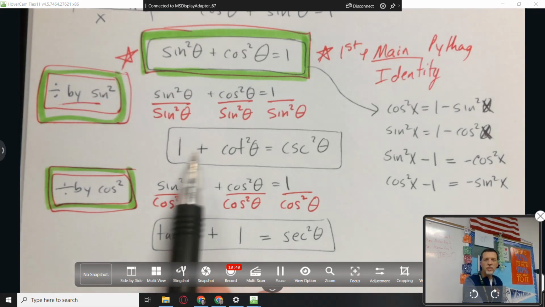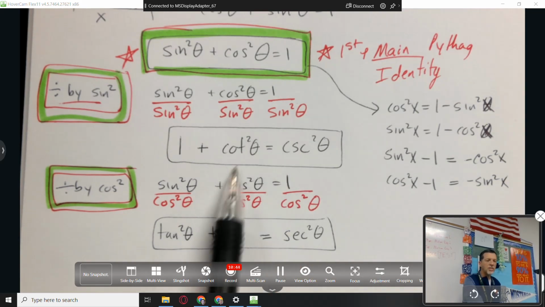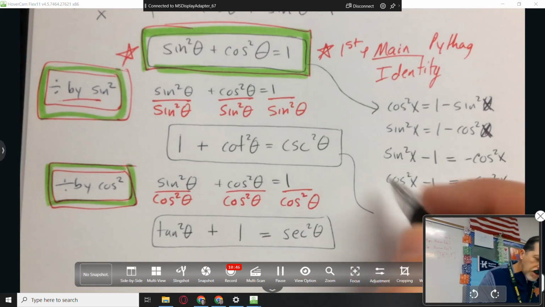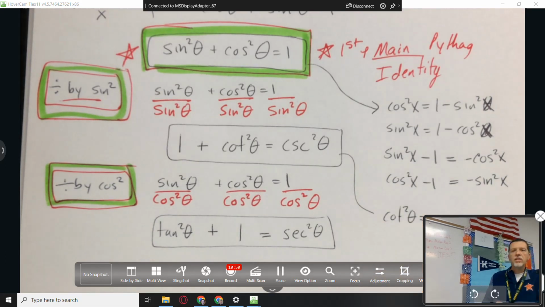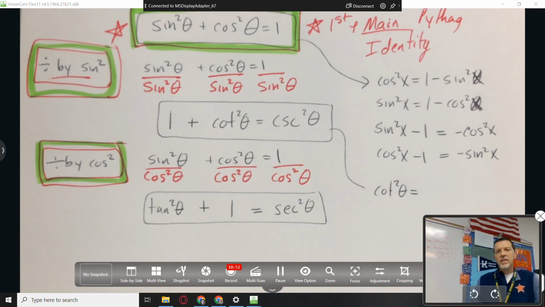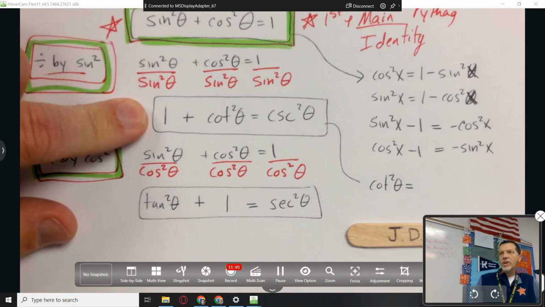Same thing with the others. I'm not going to write down every possibility for each of them. But that means, I'll just write down one of them. Cotangent squared. What does cotangent squared equal? JD, what does cotangent squared equal? If I just rearrange this formula to solve for cotangent squared. Cosecant minus 1.